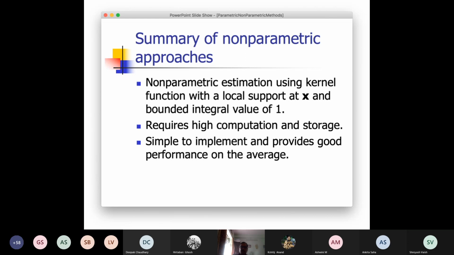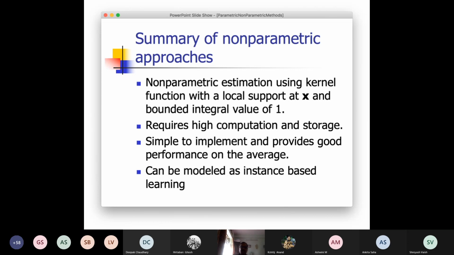But it's very simple to implement, and it provides good performance on average. You will find that in many cases k nearest neighbor classifiers sometimes even give the best performance against all other kinds of classifiers. But the catch is that they are very computation intensive and also storage intensive, so they are not efficient, and outliers and other errors will also be problems.